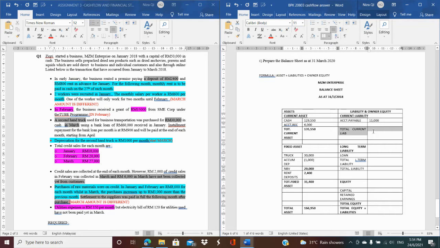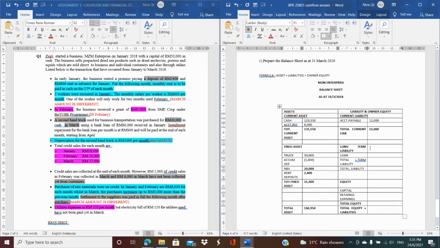Under current liability, there could also be the amount of services or goods that have been paid by your customer in advance that you have yet to perform. But it doesn't say anything that your customer has paid in advance for services that you have done, so it's not a liability for you. If there is that situation, it comes under current liability.